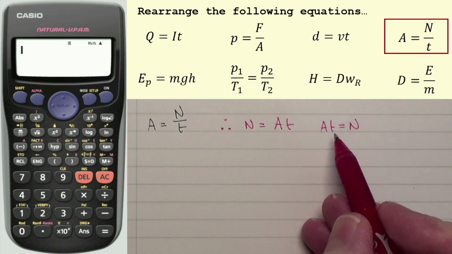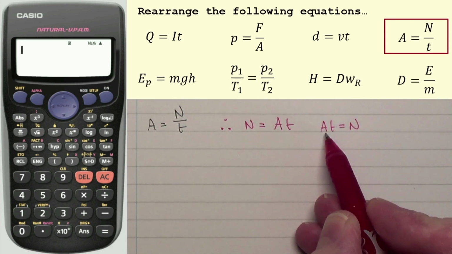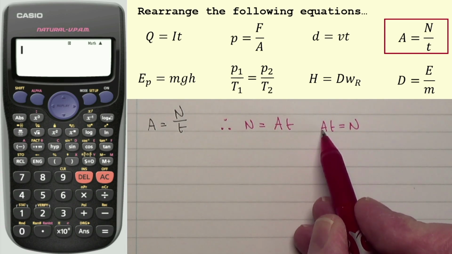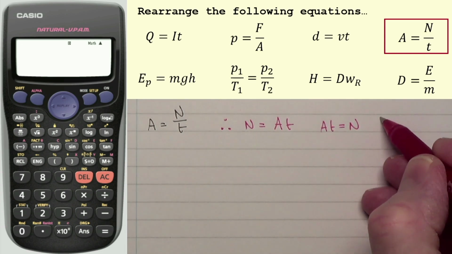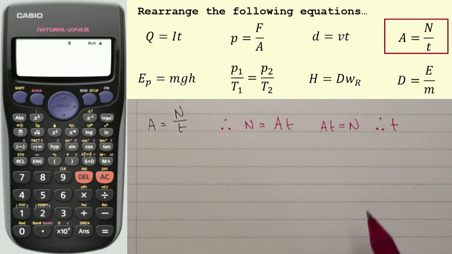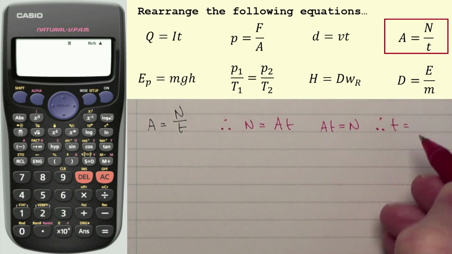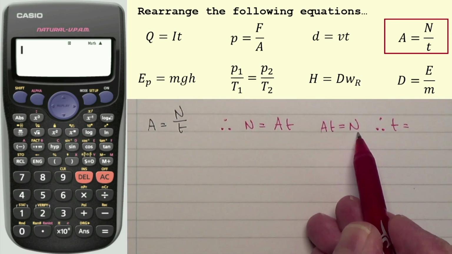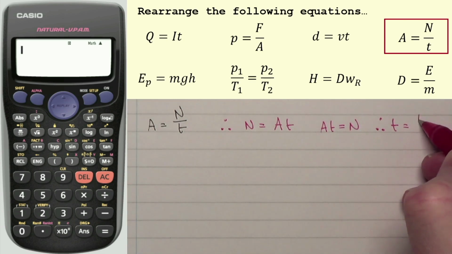And therefore, if I want t on its own, I want to divide this side by a, because at the moment t is being multiplied by a. So I've gotten this on its own by dividing the left hand side by a, because at the moment it's being multiplied. I'll need to of course divide the right hand side by a as well. So it gives me t is n over a.